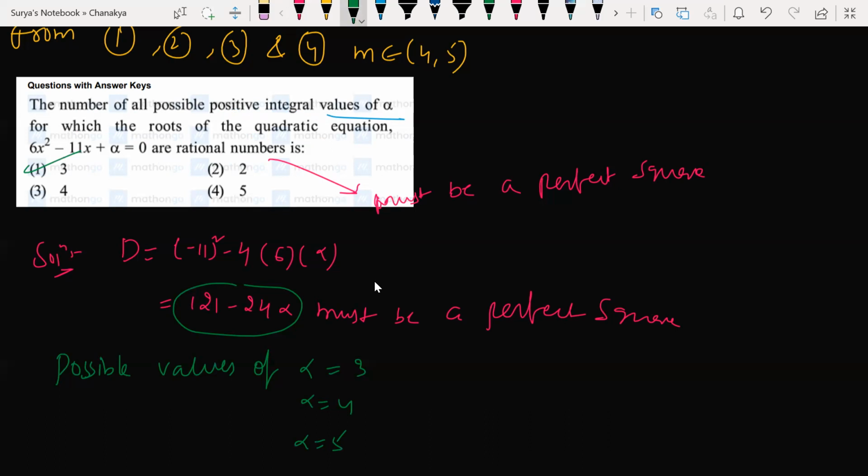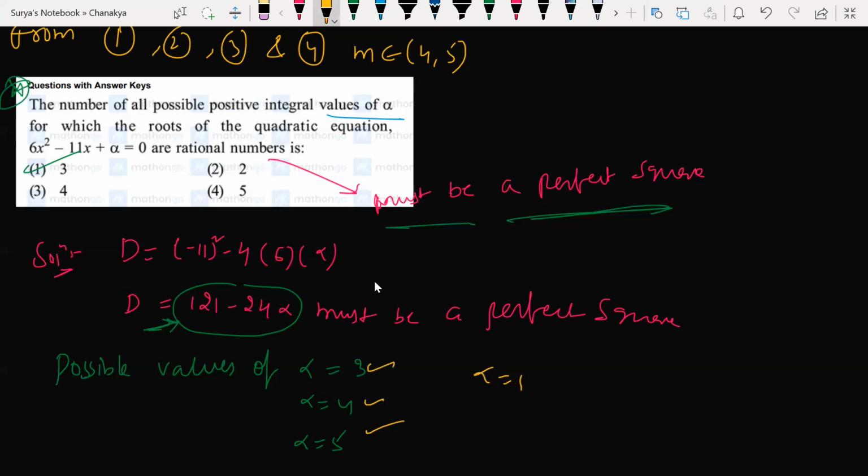Whenever you get this type of question, you have to follow that the discriminant must be a perfect square. Only these 3 values, 3, 4, 5, are possible for making the discriminant a perfect square.